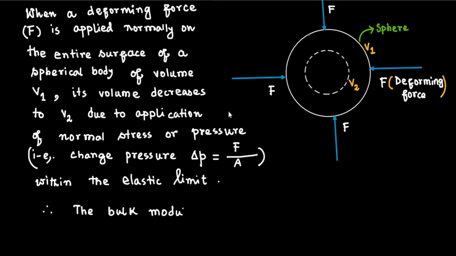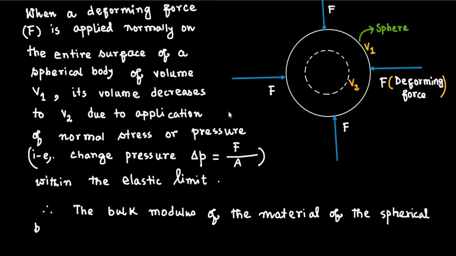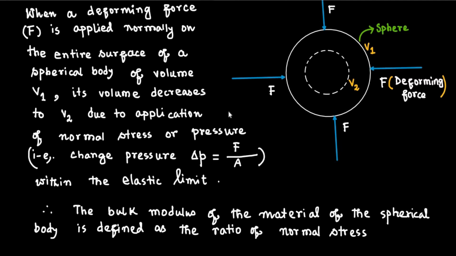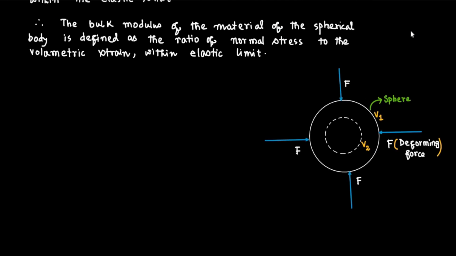Therefore, the bulk modulus of elasticity of the material of the spherical body is defined as the ratio of normal stress to the volumetric strain within elastic limit.